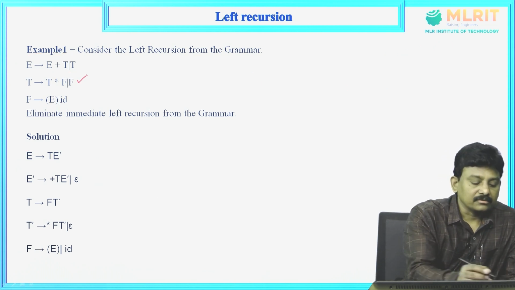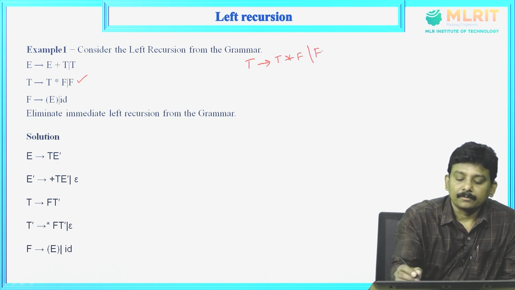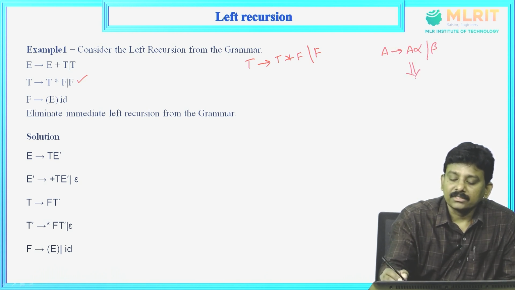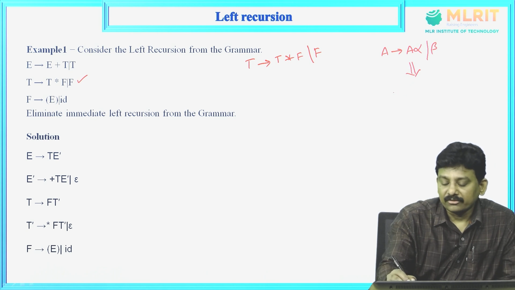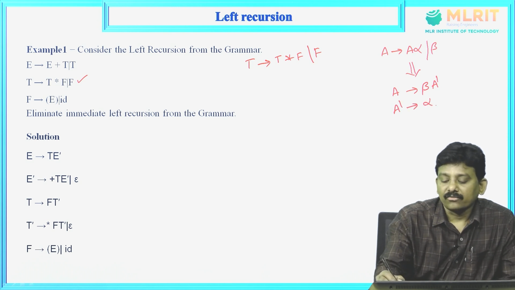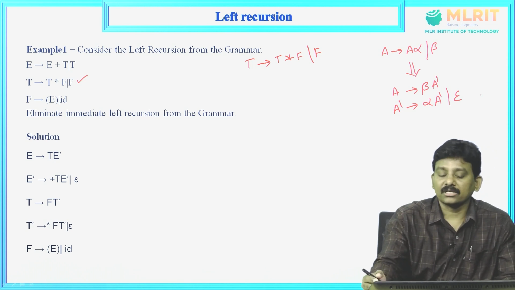Then take this rule, T derives T star F or F. It is also the same as A derives A alpha or beta. The rules will be replaced by eliminating left recursion: A derives beta A dash, A dash derives alpha A dash or epsilon.